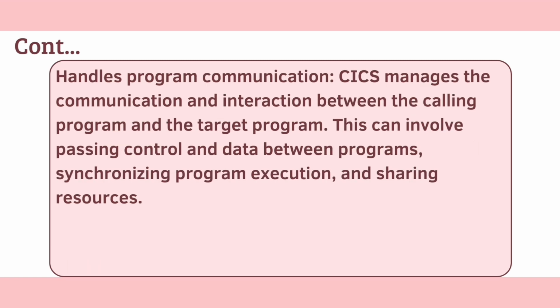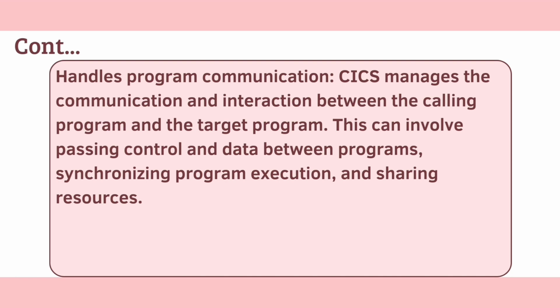Next, it handles program communication. KICKS manages the communication and interaction between the calling program and the target program. This can involve passing control and data between programs, synchronizing program execution, and sharing resources.